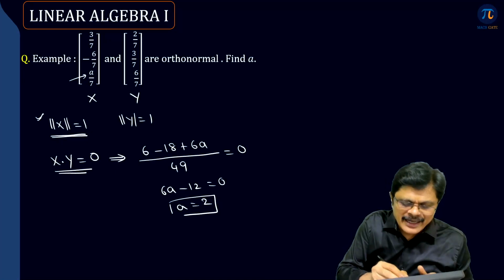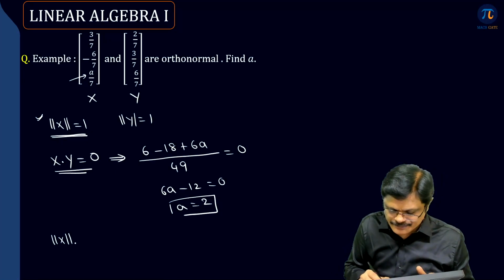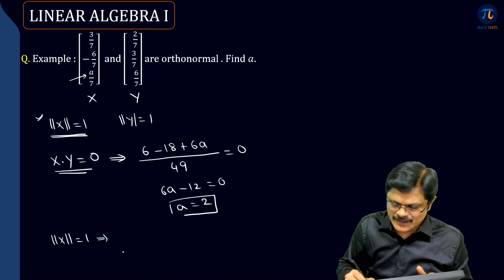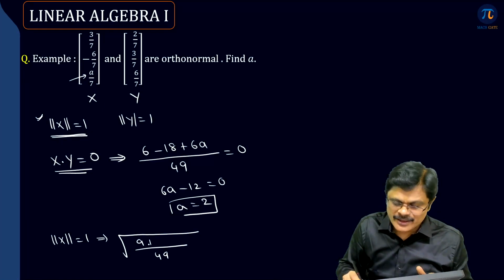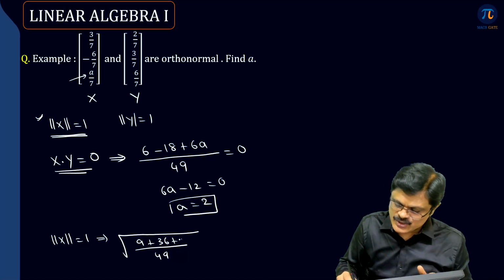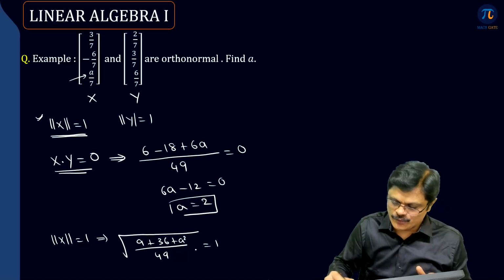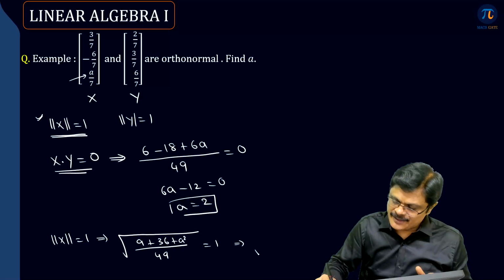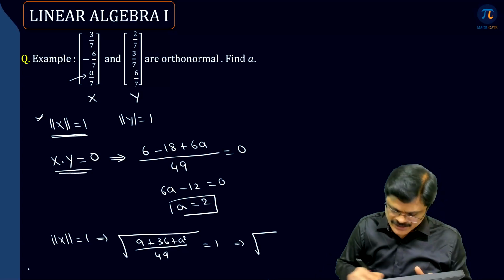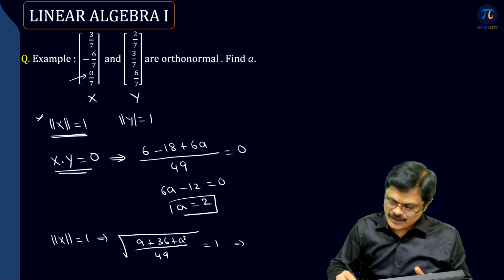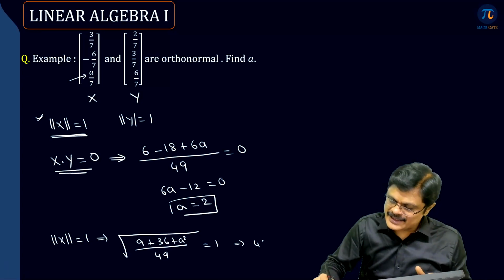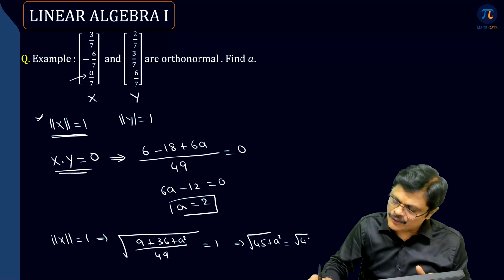Actually, if you take the length of the vector equal to 1, you get the square root of the numerator 3 square plus 6 square plus a square over the denominator 49, and this should be equal to 1. So the square root of 45 plus a square is equal to the square root of 49.